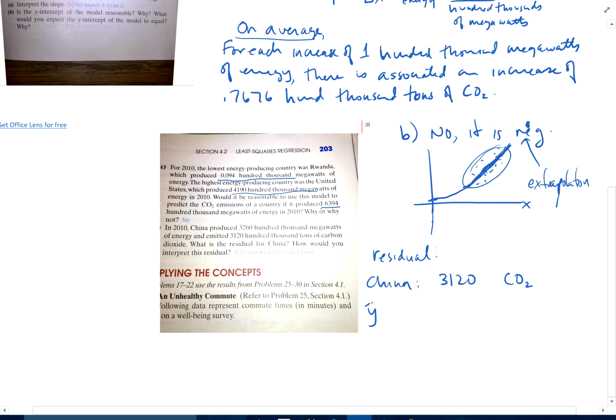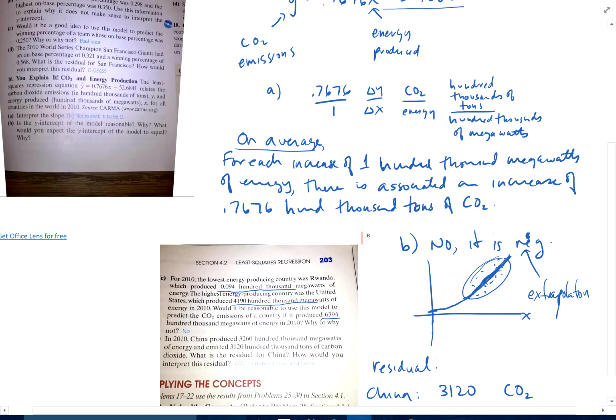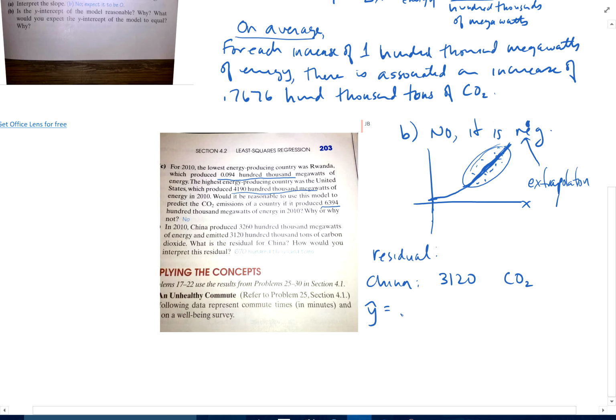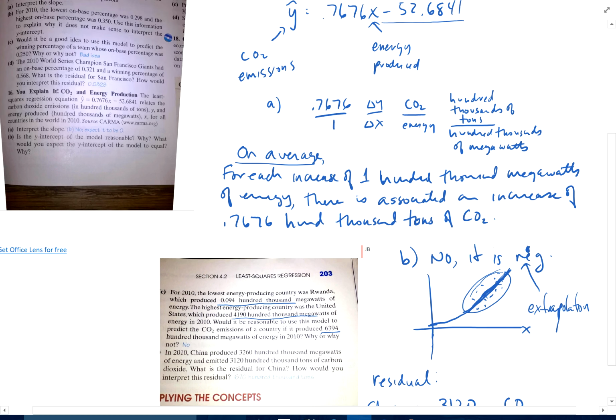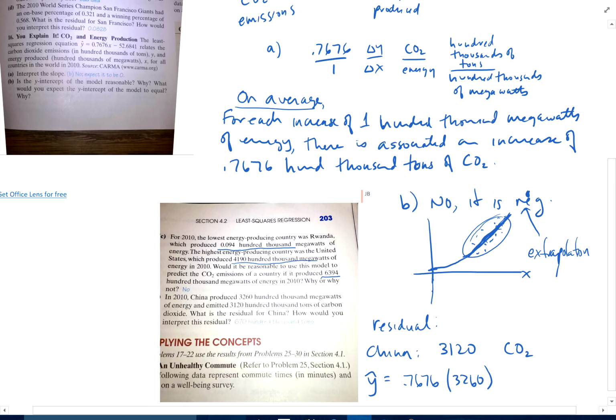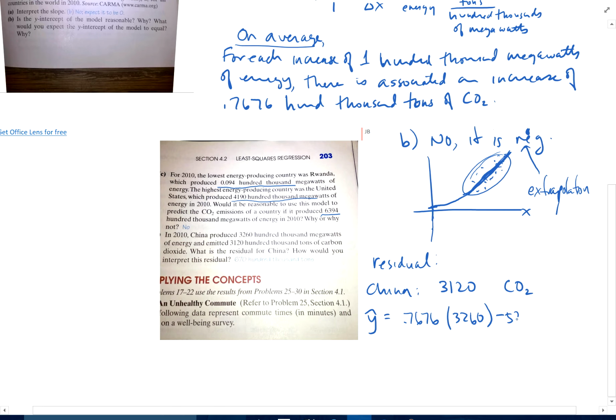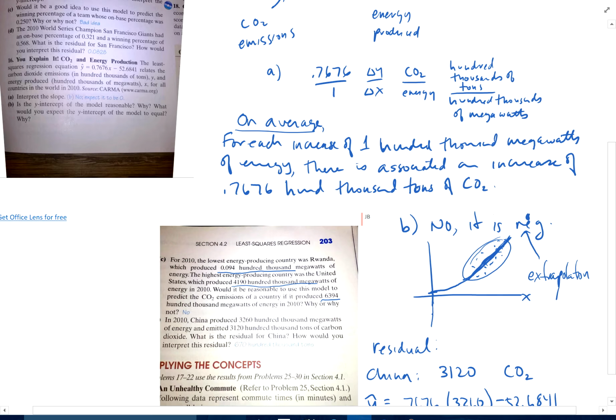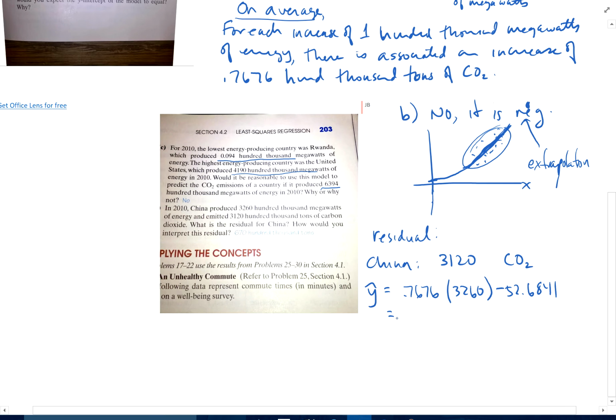But what would we predict it to produce? 0.7676 times 3260 minus 52.6841. Is that right? Yeah. This is what we predict it to produce.